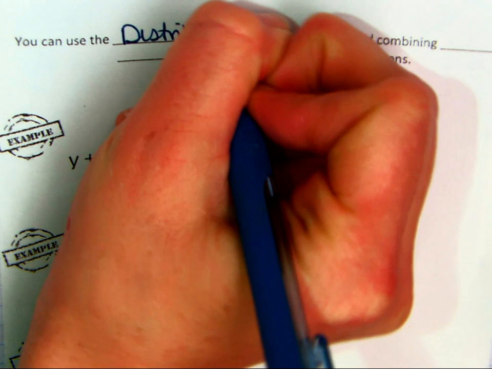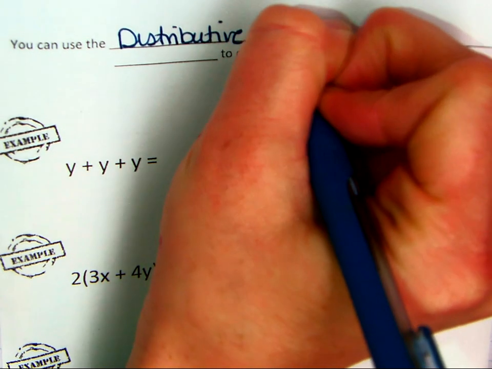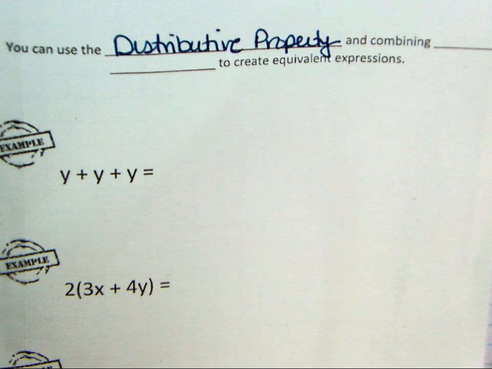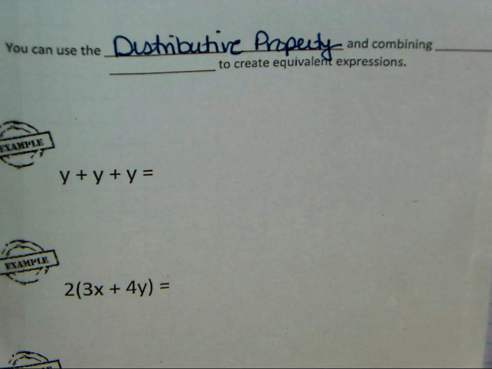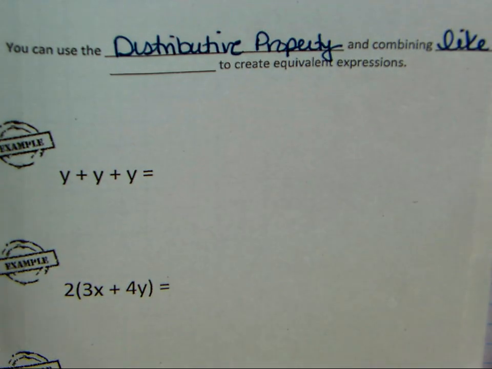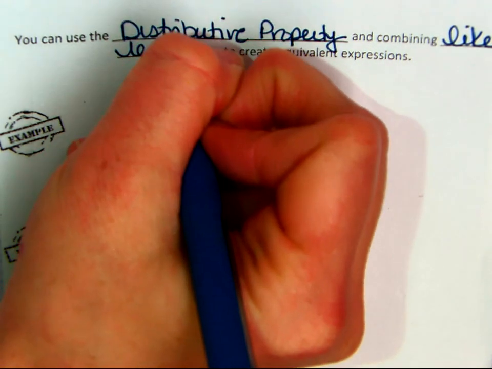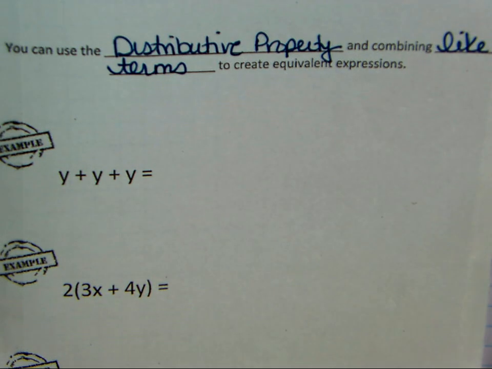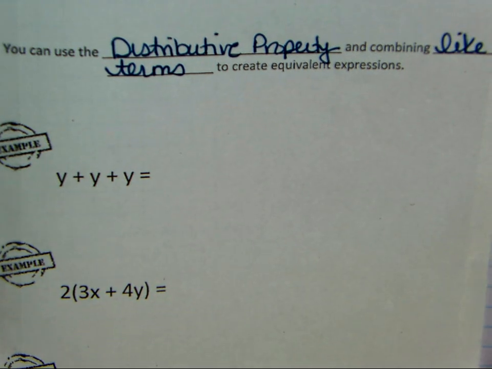So we've done that. And combining like terms to create equivalent expressions. So we can create equivalent expressions by using either of those two methods, either the distributive property or combining like terms.